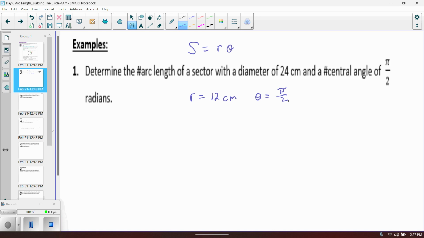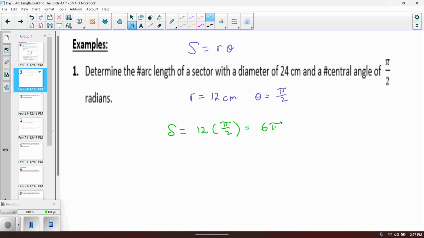So if we want to find the arc length, it is simply 12 times pi halves. We're going to leave this answer in terms of pi, which means we are not going to simplify the pi part. We are going to simplify the 12 over the 2 part, which gives us 6, and then keep the pi.